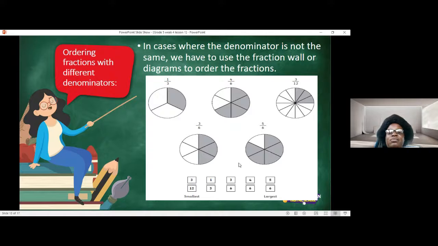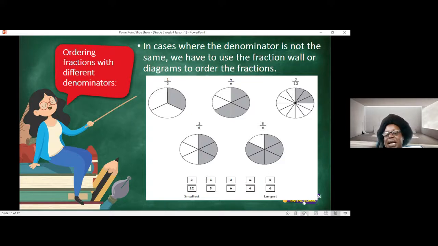From smallest to biggest, the smallest fraction we can see is 3/12, followed by 1/3, followed by 3/6, followed by 4/6, and the last one is 5/6. The bigger fraction becomes the one that is shaded the most.